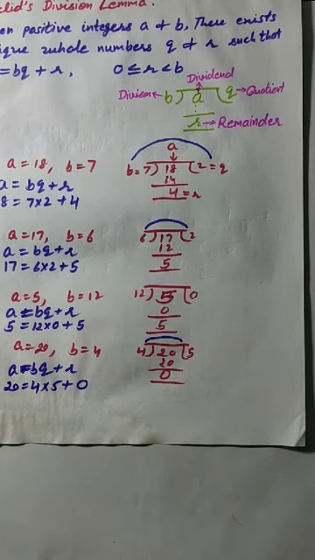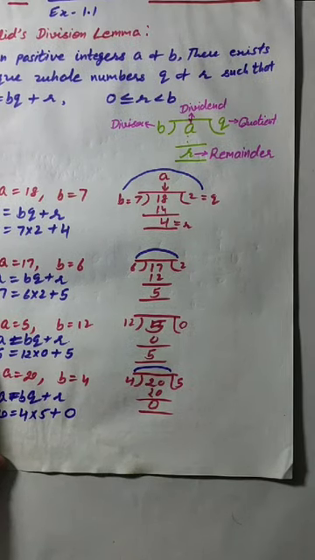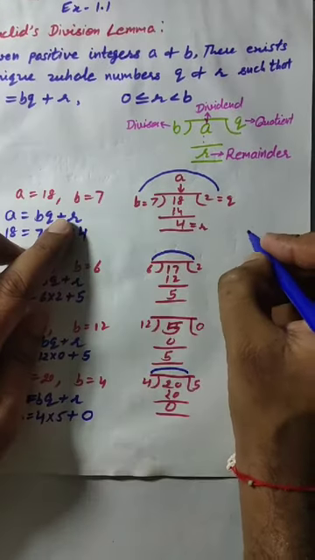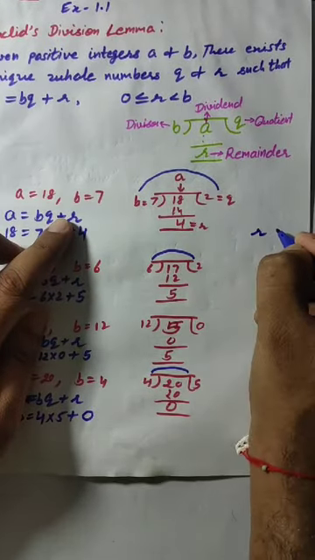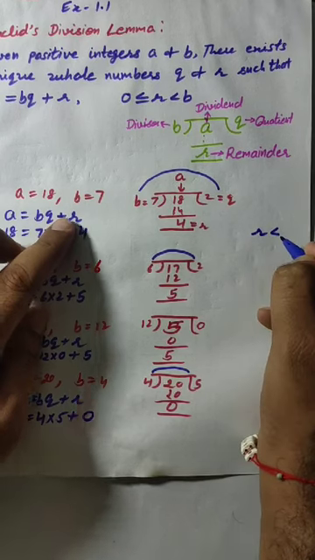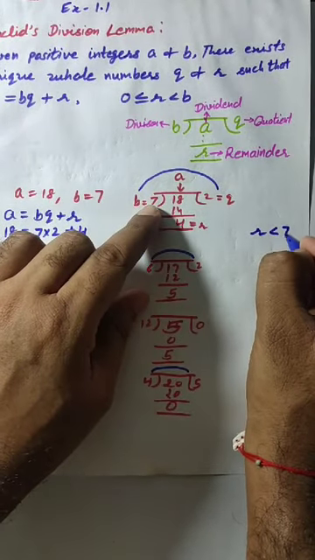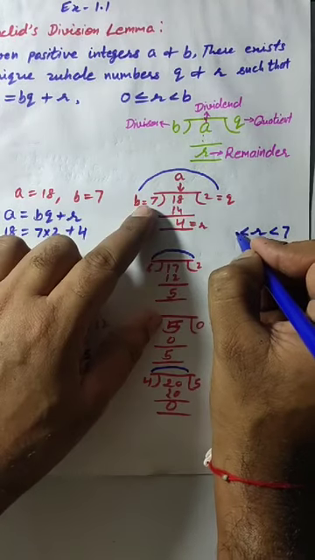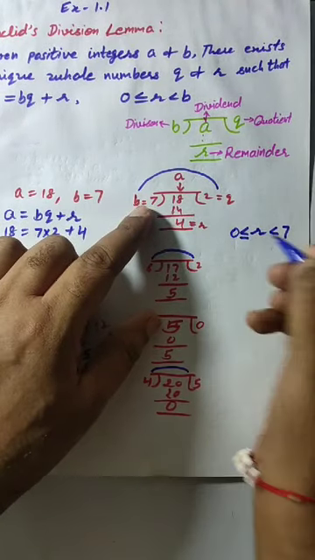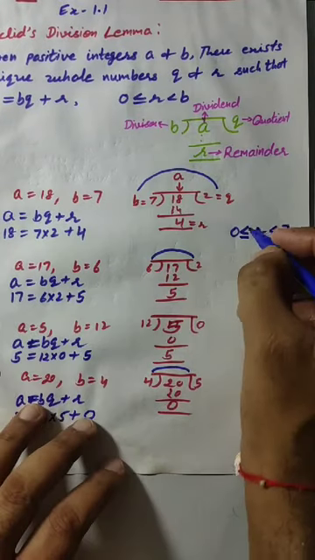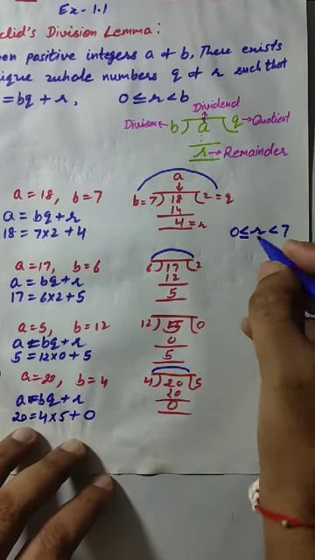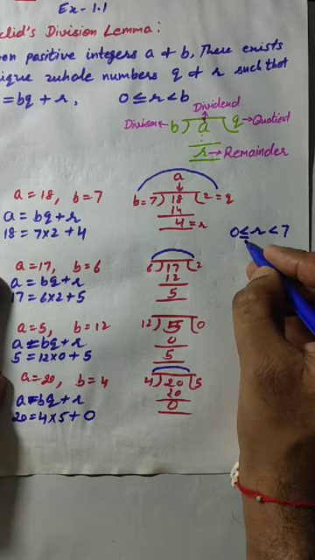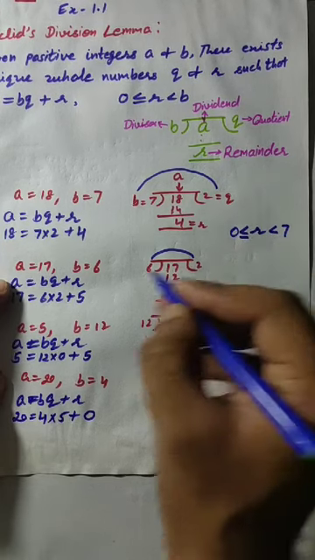As we can see here, in question number 1, the remainder r is less than b. What is b here? 7, and r is greater than or equal to 0. We can say it's greater than 0. It will satisfy at least one condition, either r is greater than 0 or r equals 0.